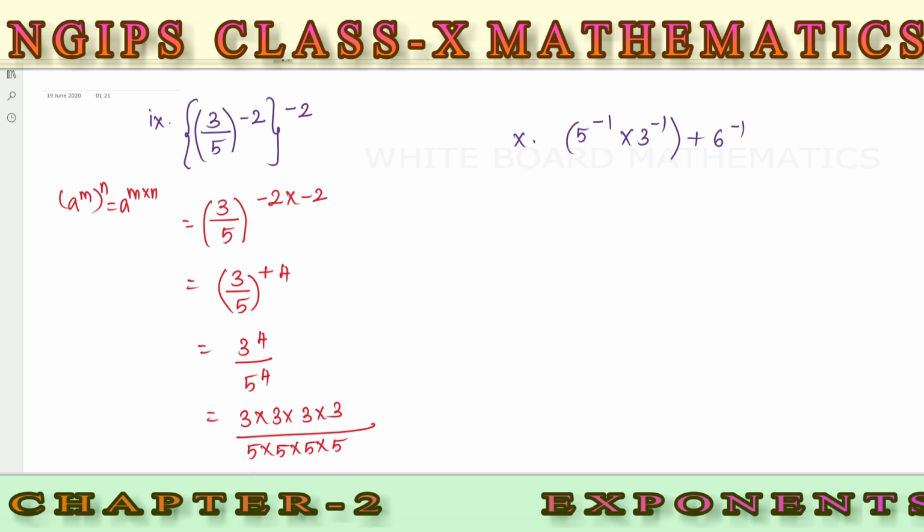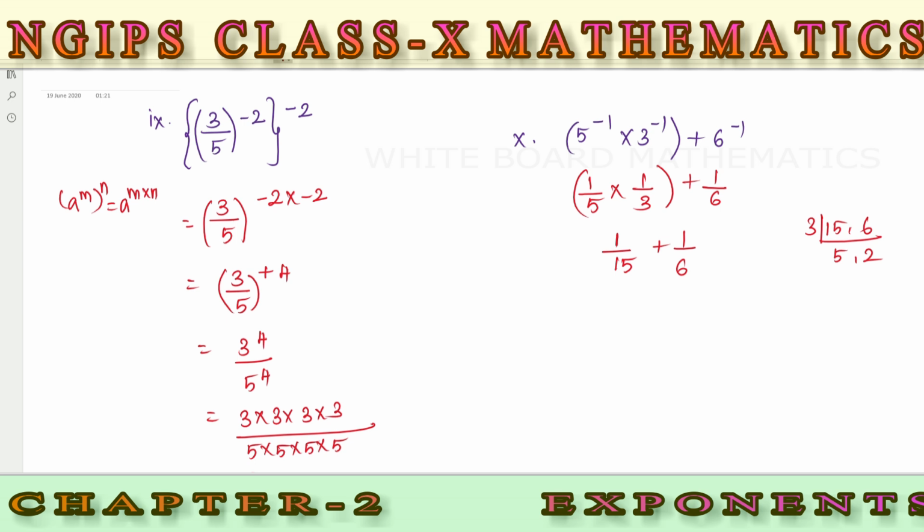Next we will come to this question. Here we have 5 to the power minus 1, so I can write it as 1 by 5 into 1 by 3 plus 1 by 6. Both we need to multiply: 1 1s are 1, 5 3s are 15, plus 1 by 6. Now we need to take the LCM for 15 and 6. I will take the 3 table: 5 3s are 15 and 2 3s are 6, 5 2s are 10, so you will get 30.